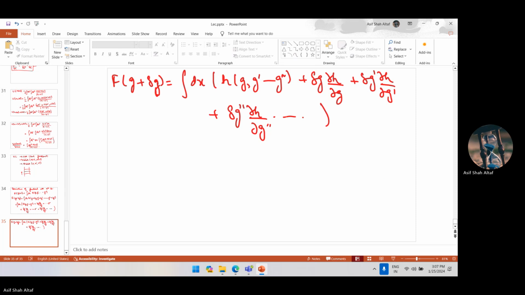Fine. Now again, this term here, the first term, is just f of g. So you take it on the left side.